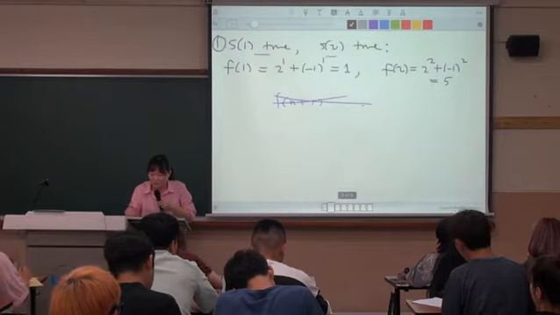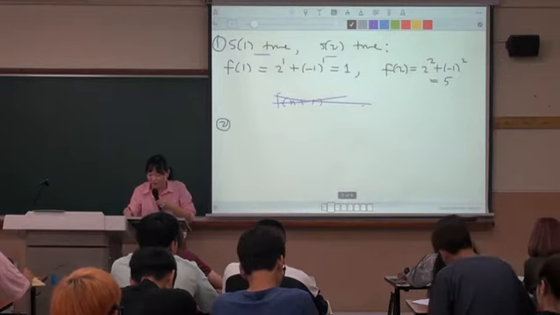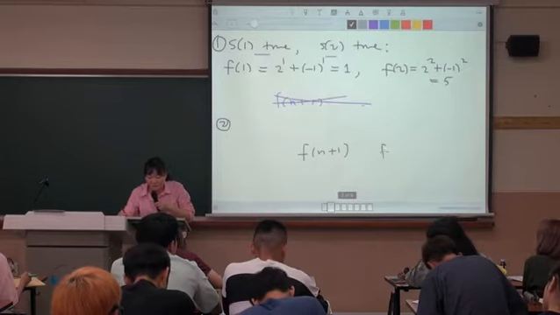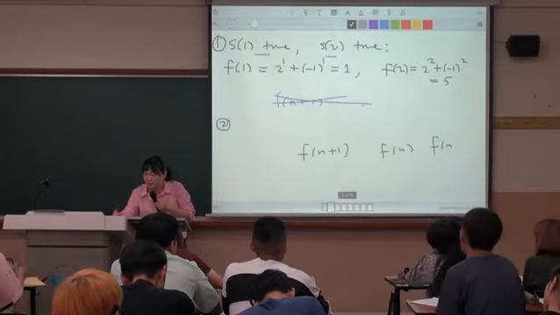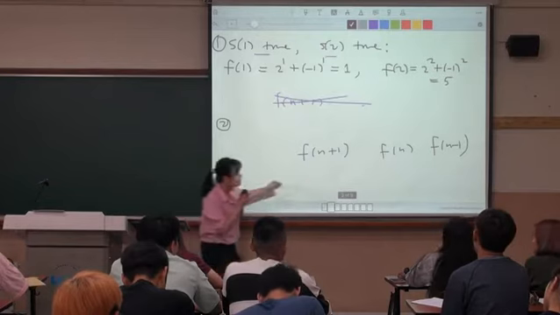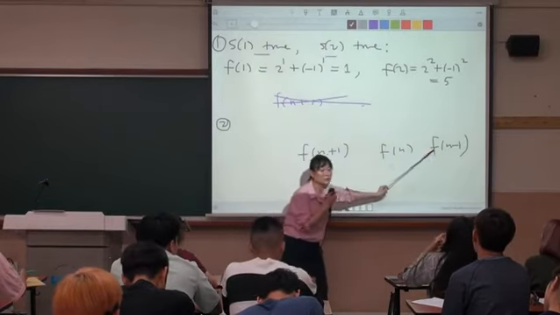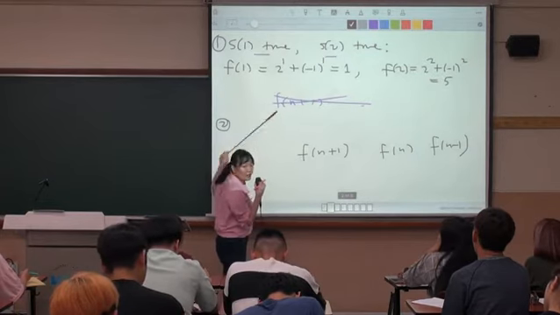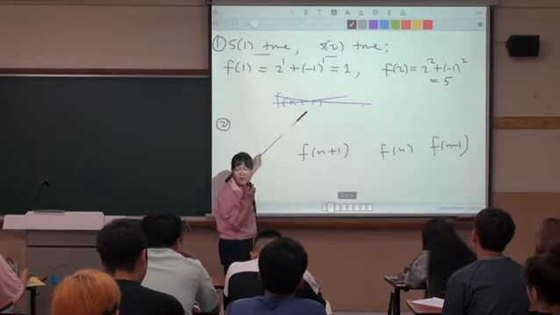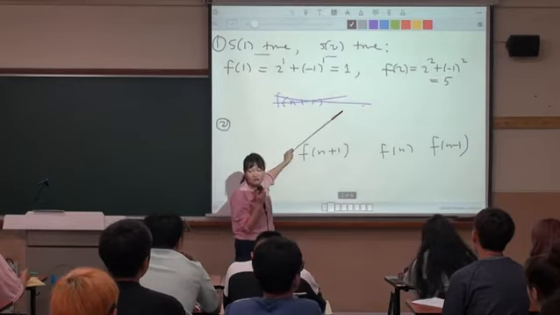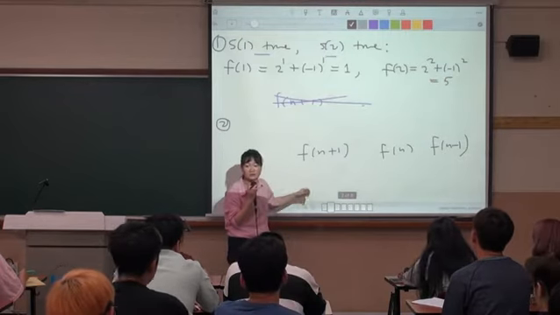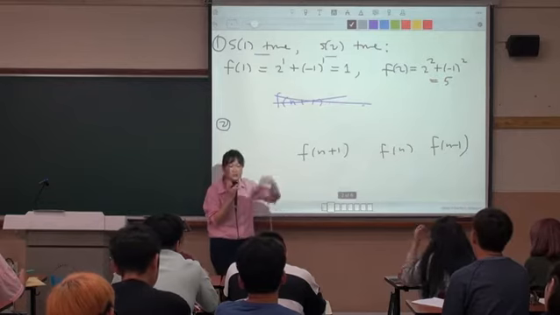1, 2. And then to use this formula, this involves Fn and Fn minus 1. Not only Fn, it depends on n minus 1, right? So we have to assume Sn is true and Sk is true for all k equal to 1 to n minus 1, and then show that Sn plus 1 is true.